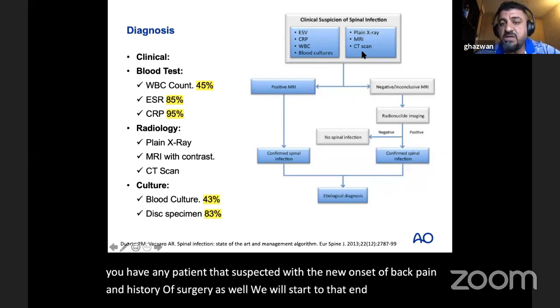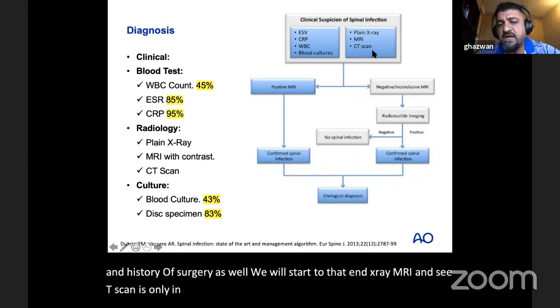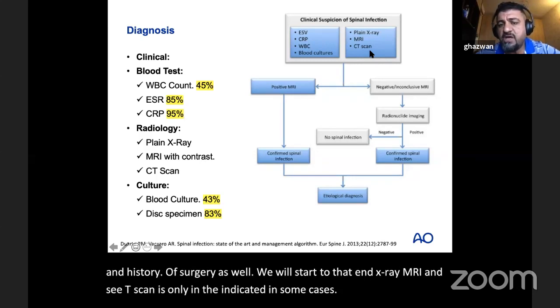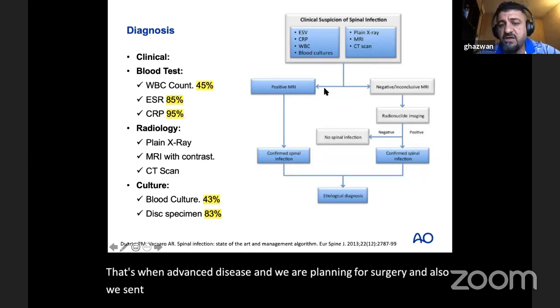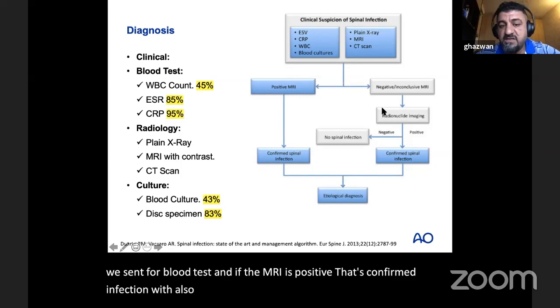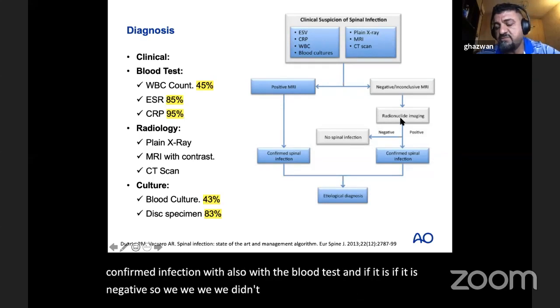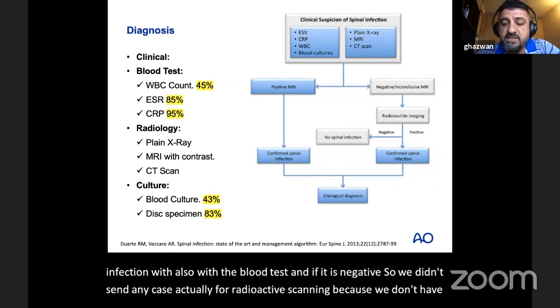CT scan is only indicated in some cases, when there is advanced disease and we are planning for surgery, and we also send a blood test. If the MRI is positive, that confirms the infection with the blood test. We didn't send any case for radioactive scanning because we don't have it, and we confirm the infection after that by taking a biopsy.